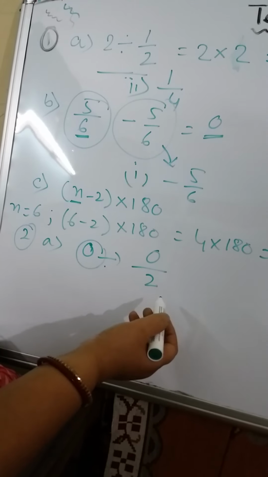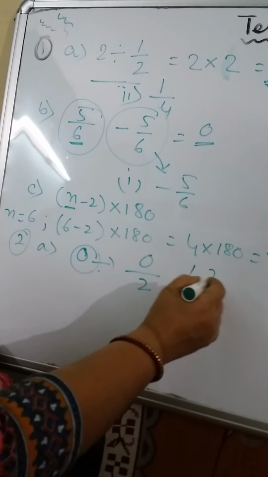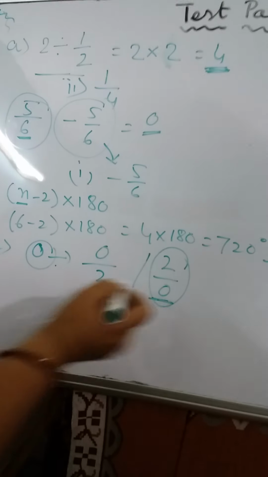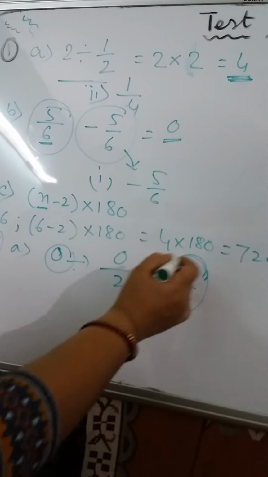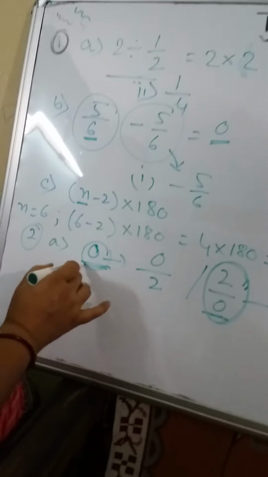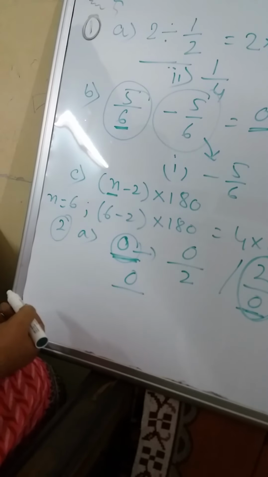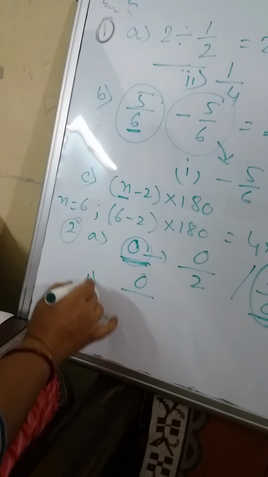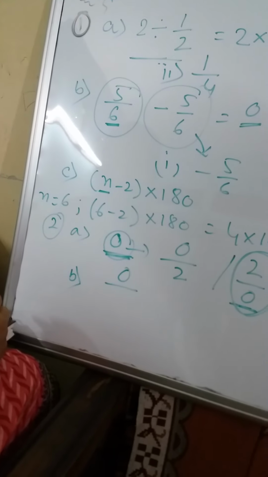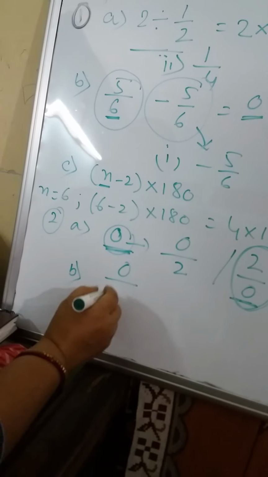If we find its reciprocal, it will be 2 by 0, and something divided by 0 is undefined. So 0 doesn't have any reciprocal. Your answer is 0. B, dash is the regular polygon with 8 sides. A polygon with 8 sides is known as an octagon.